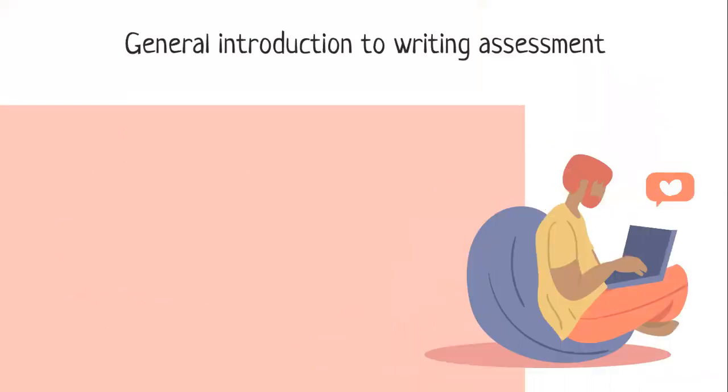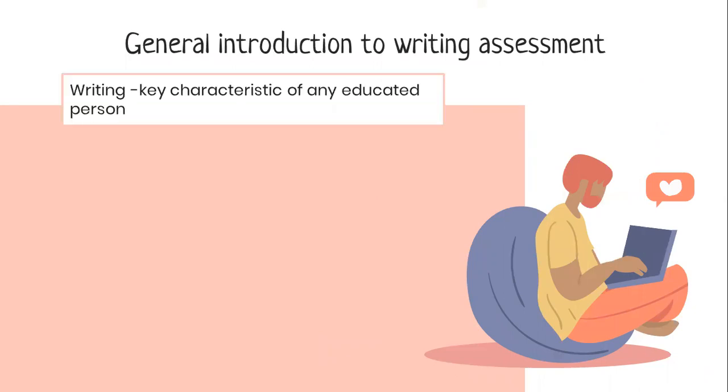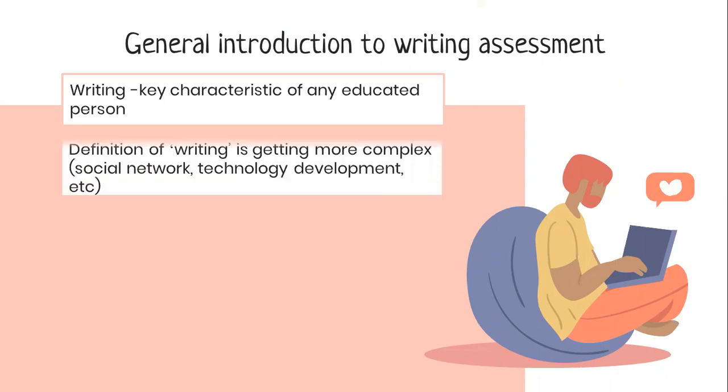About general introduction to writing assessment. The ability to write continues to be a key characteristic of any educated person. Our definition of writing is getting more complex because of the development of social network and technology.